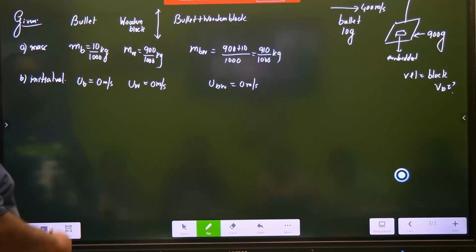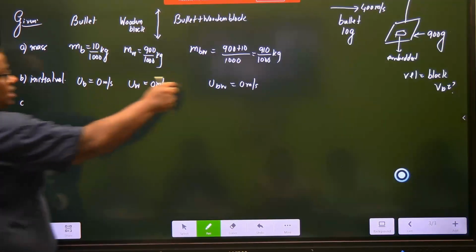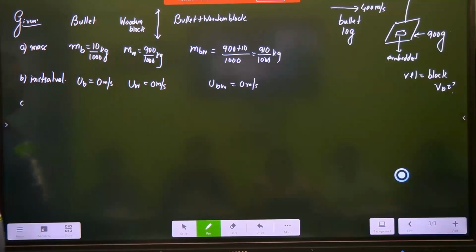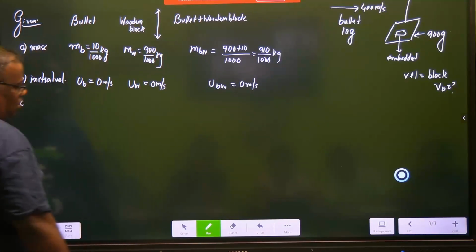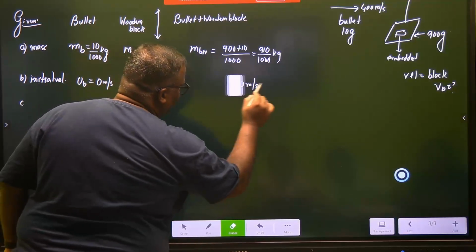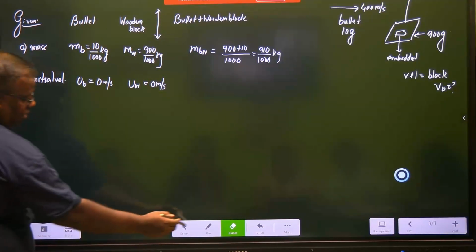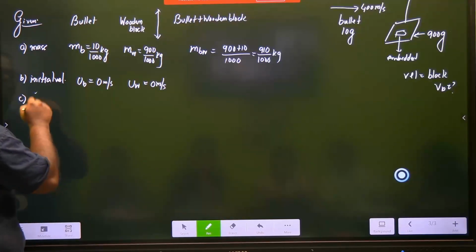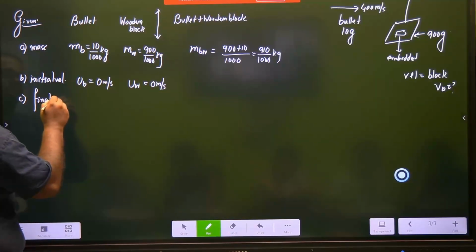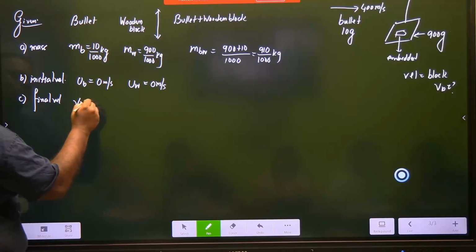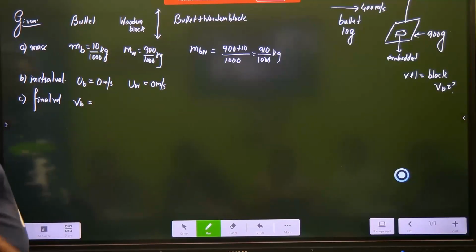Okay? Actually, this scenario did not get created at all. Okay, fine. So there is no sense in writing this. No need. Let's see. What is the final velocity? So that is VB of the bullet. The final velocity of the bullet is how much?